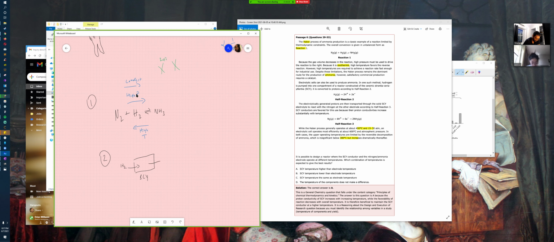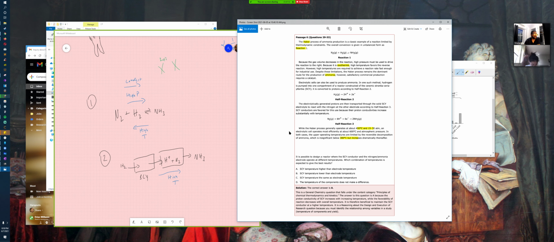Hydrogen is... so that's the second part, right? Yeah, the first one is the Haber process, and the second one is an electrolytic process.